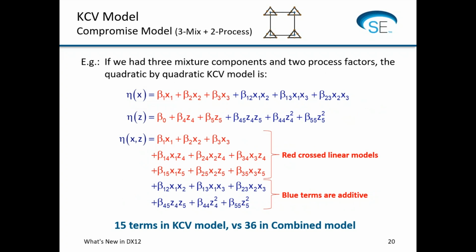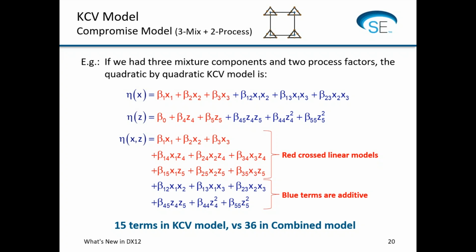As an example, if we have our three mixture components and two process factors, the quadratic by quadratic model is represented here. The mixture portion would have 6 possible terms, coefficients, and the process factor also has 6 coefficients.